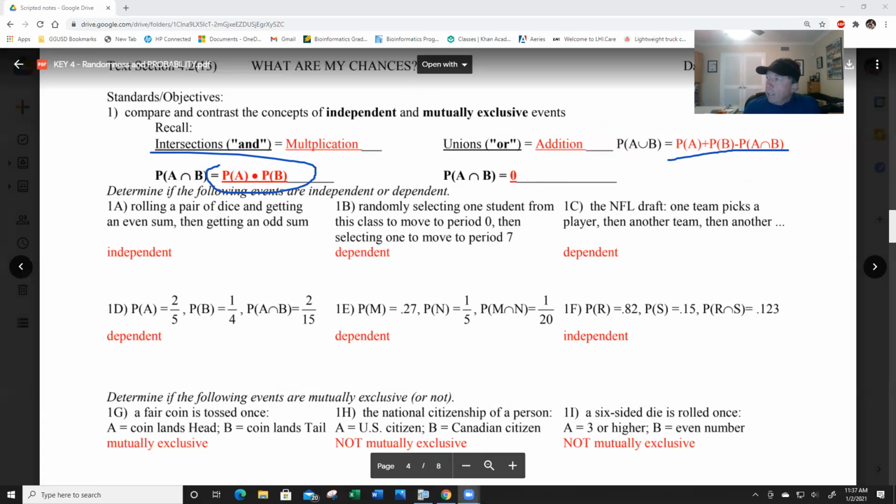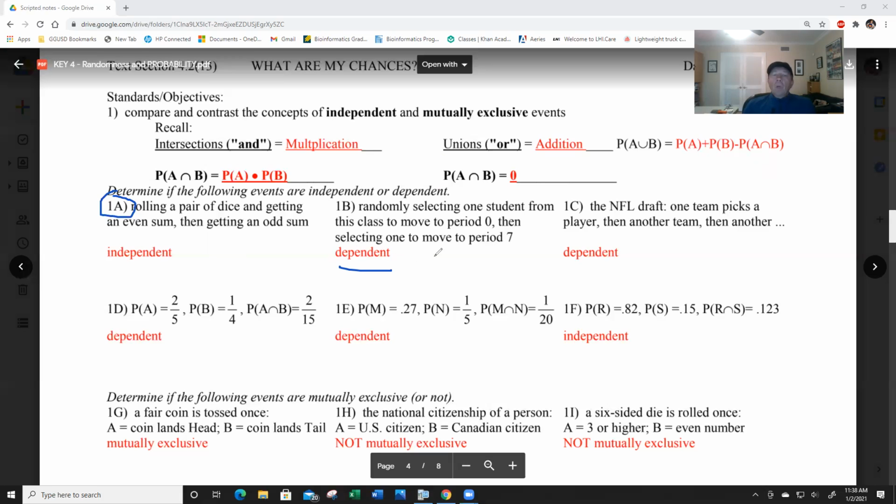All right, let's give it a shot here. All right, first thing, 1A, determine if the events are independent or dependent. Rolling a pair of dice and getting an even sum, then getting an odd sum. All right, well, rolling a dice has no memory, so every time you roll is independent. Okay, that's easy.